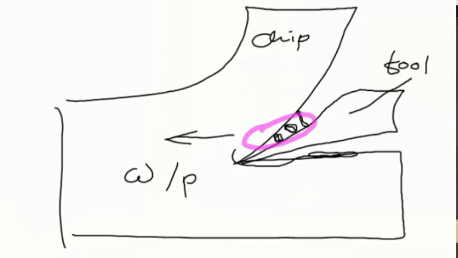So this is the wear due to the adhesion between the chip and tool. That is due to the formation of welds at the higher temperature due to the friction between tool and chip, and sometimes these welds get detached or break due to the relative motion.